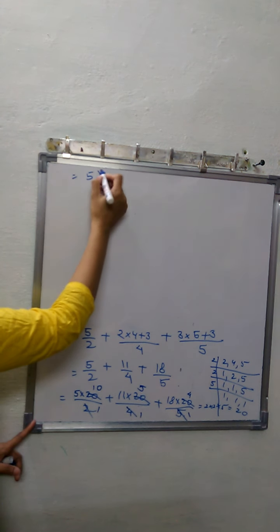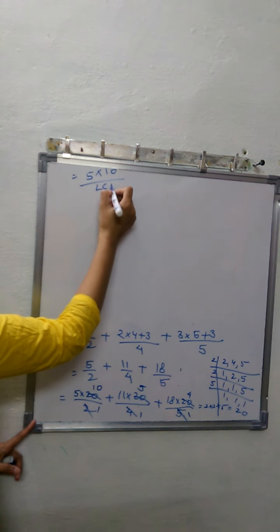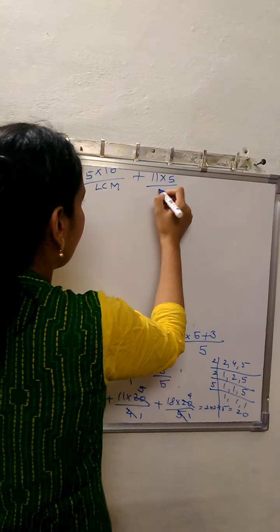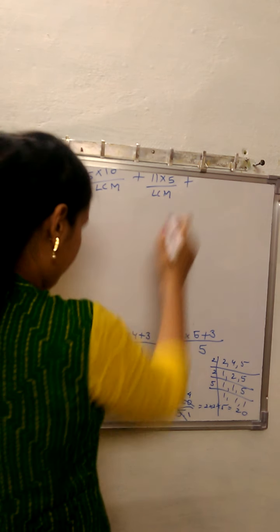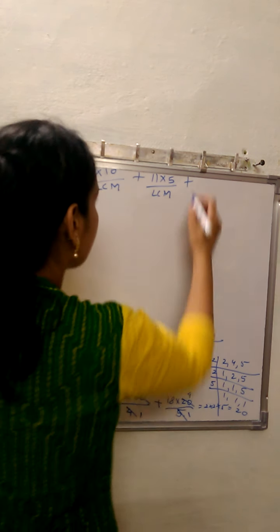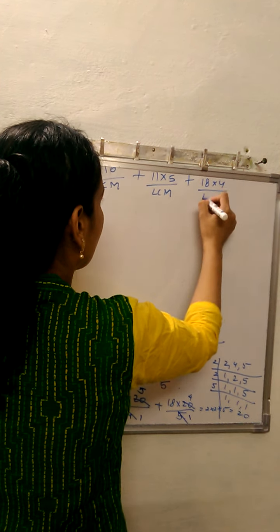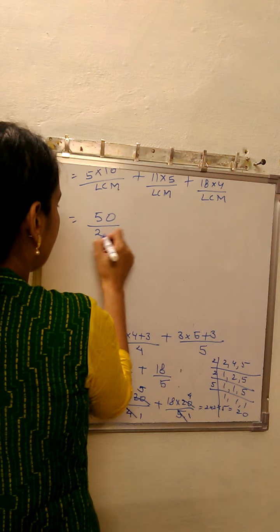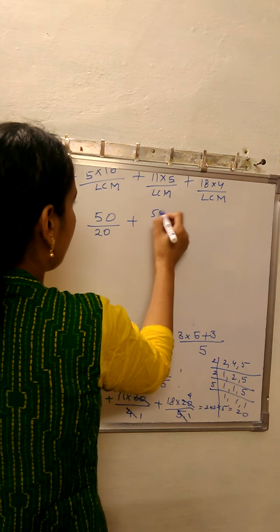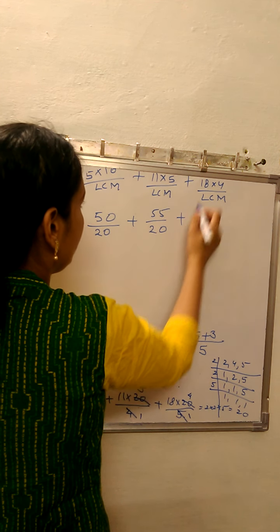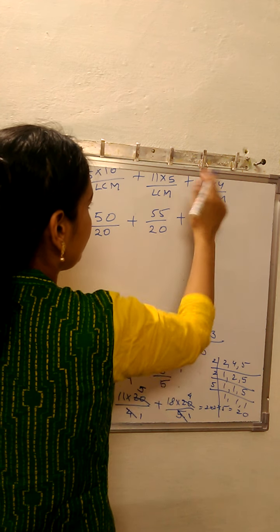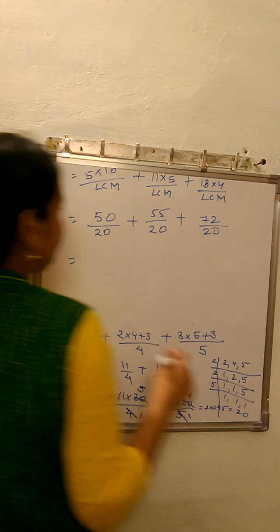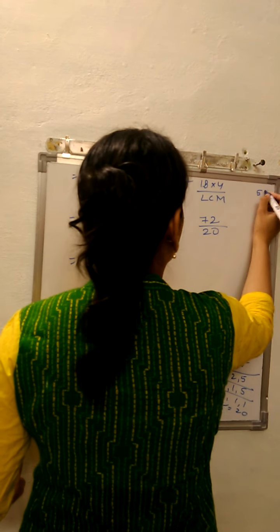What is left? 5 into 10 upon LCM plus 11 into 5 upon LCM plus 18 into 4 upon LCM. 5 tens are 50 upon LCM means 20. 55 upon 20. Then 18 fours are 72 upon 20. Now we add.